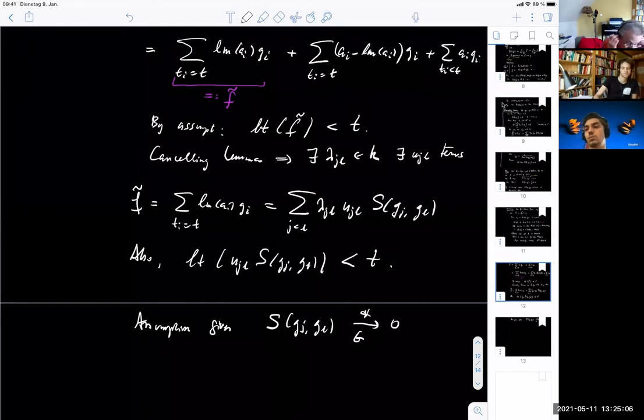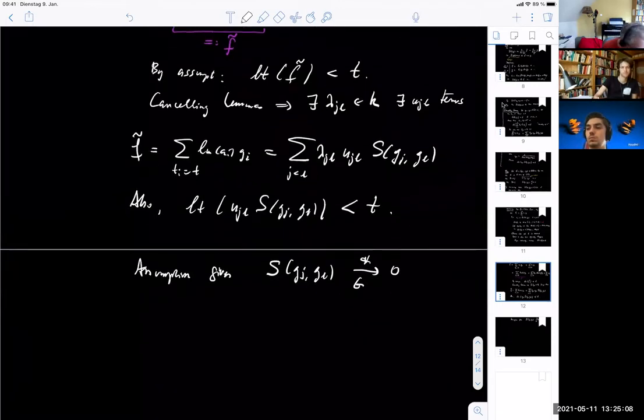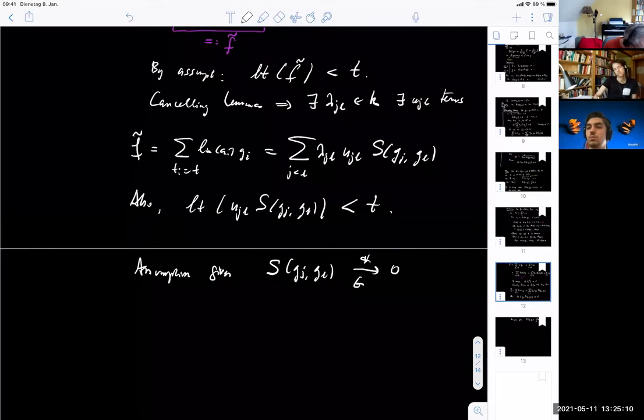If they reduce to 0, they are in the ideal generated by the elements of G. So I can write them as a linear combination of these G's.